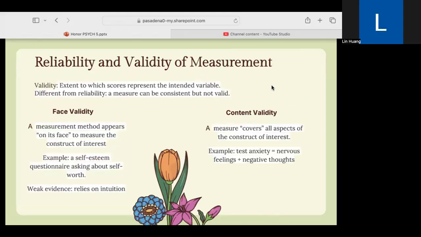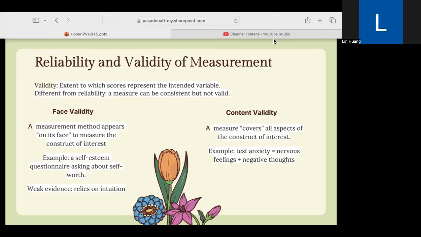Okay, next we will talk about four types of validities. According to our book, the definition of validity is the extent to which scores represent the intended variables. Different from reliability, a measure can be consistent but not valid.